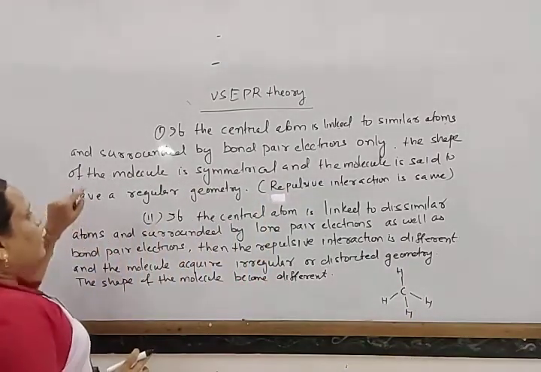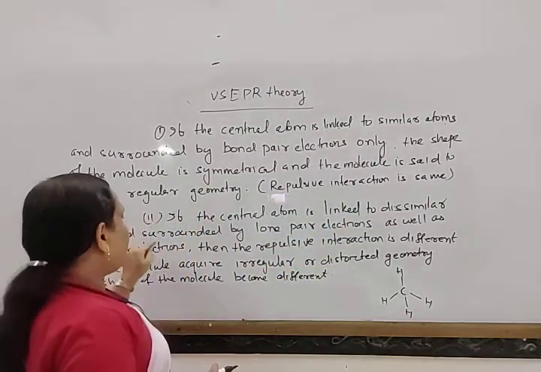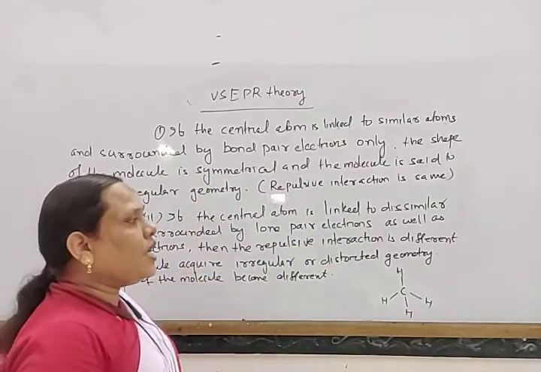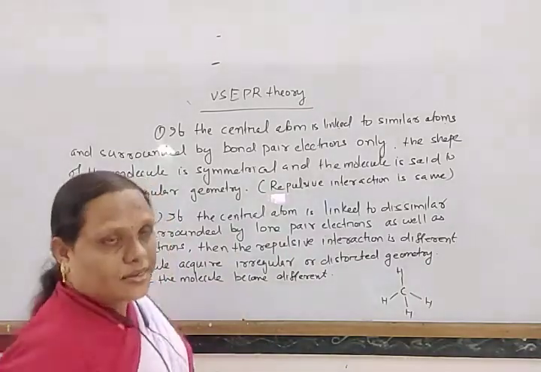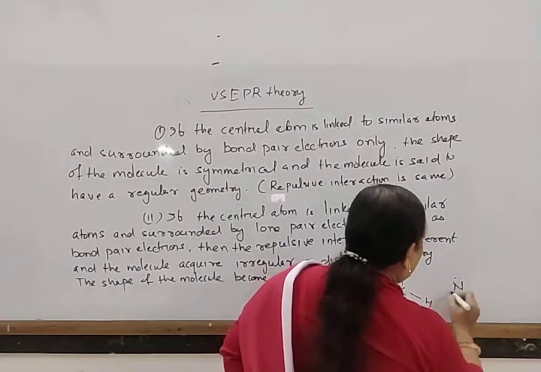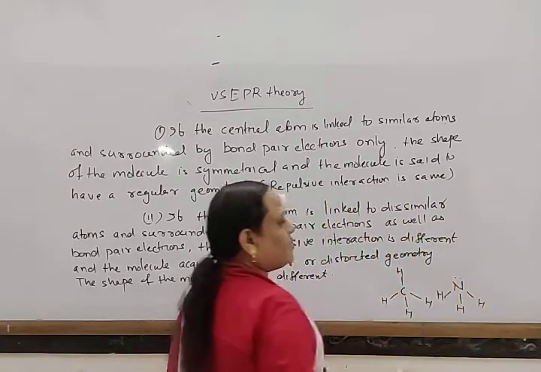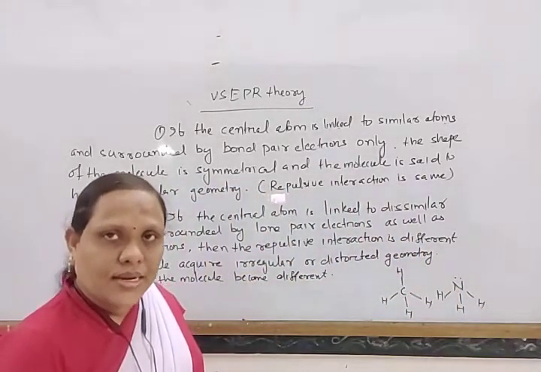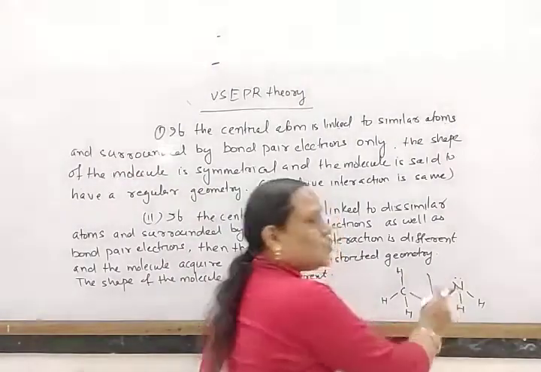And if the central atom is linked to dissimilar atoms and surrounded by lone pair electrons as well as bond pair electrons, for example, if we consider ammonia, in ammonia nitrogen is surrounded by 3 bond pairs and 1 lone pair of electrons. In this way, we can say it has an irregular geometry.